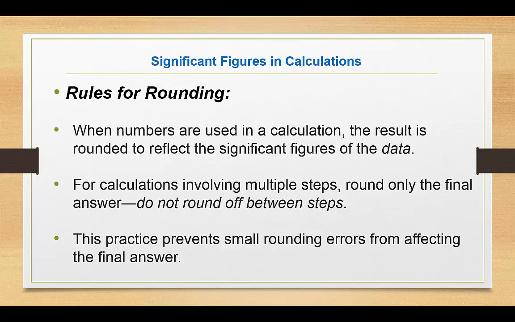And then they get off ½ an inch by the time they lay the next 100 miles of track, so on and so forth. Well, if you're going from the East Coast to the West Coast, that's a lot of little errors that are going to get compounded. Do you think those train tracks are going to meet where they need to be in the middle by the time they get together? Probably not with that amount of error. So again, if you're doing more than one calculation within a single problem, wait till your final answer to round your significant figures.